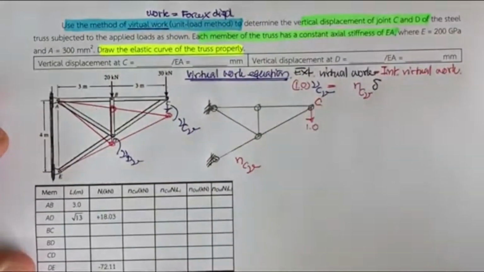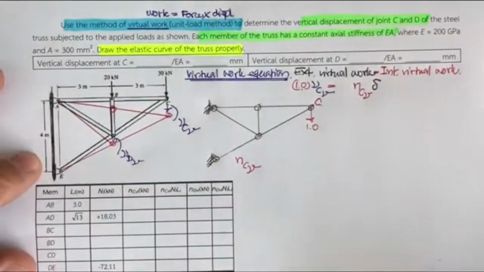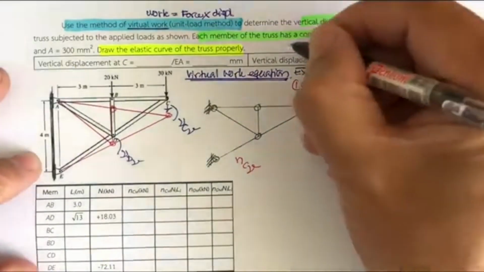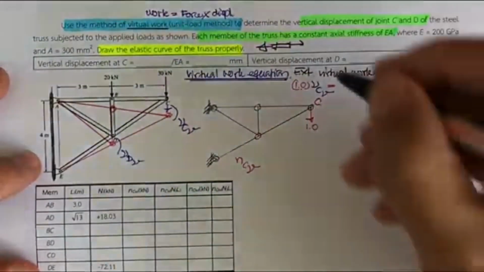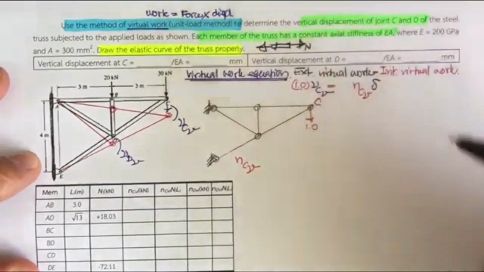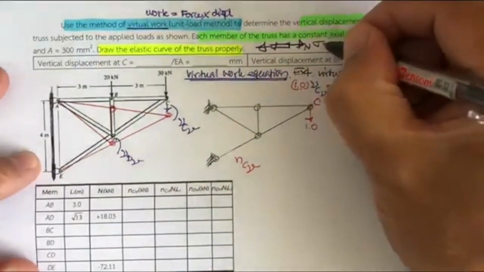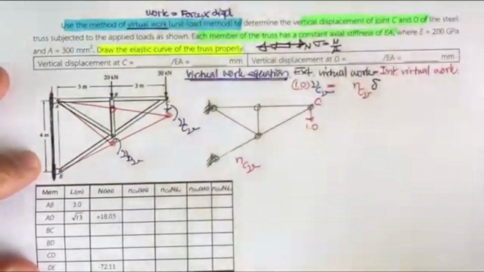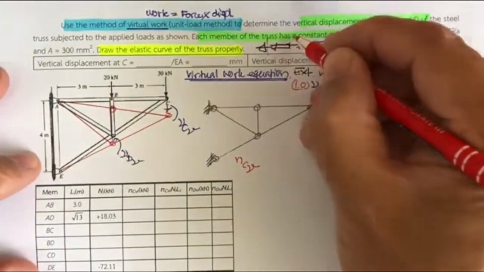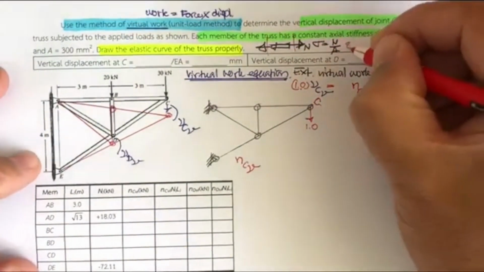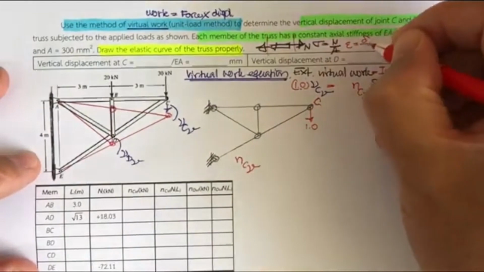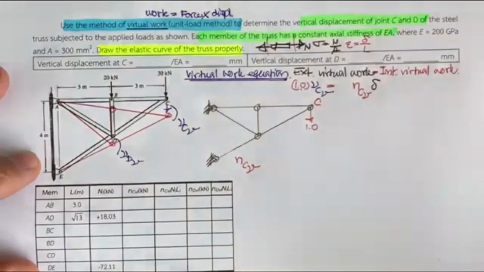This virtual force in each truss member is multiplied by the deformation of each member. If you recall, for an axial force member with force N, sigma equals N divided by A. Under this force the member elongates, and the strain is the elongation divided by the length.